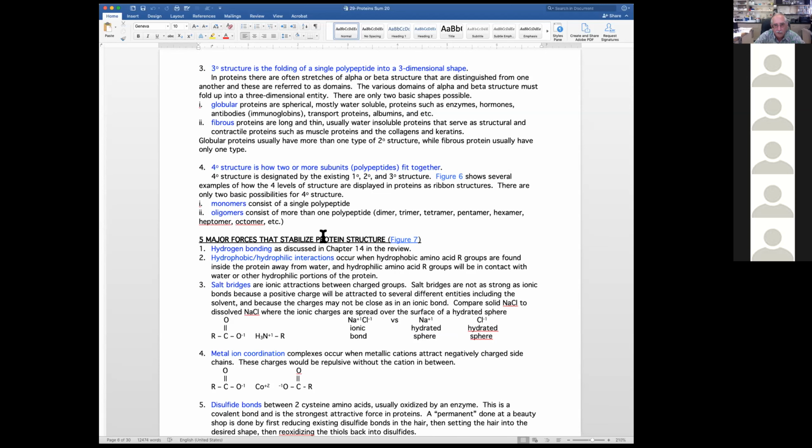They're proteins like enzymes, hormones, antibodies, transport proteins, albumins. If you find it in the blood, it's going to be globular. Fibrous proteins are long and thin, usually water insoluble. So they're like structural or contractile proteins, like muscle proteins, sinews, collagens, things like that.